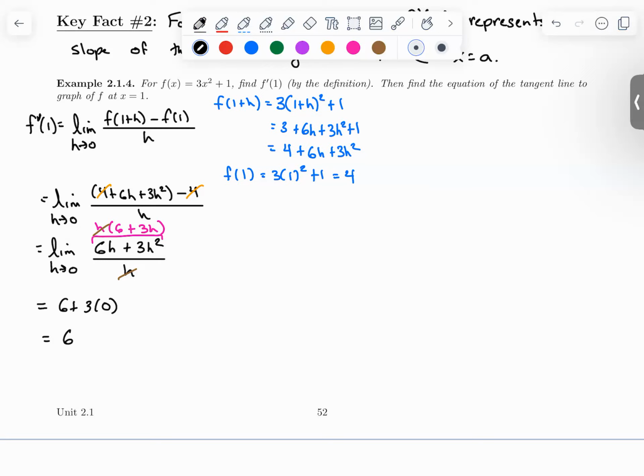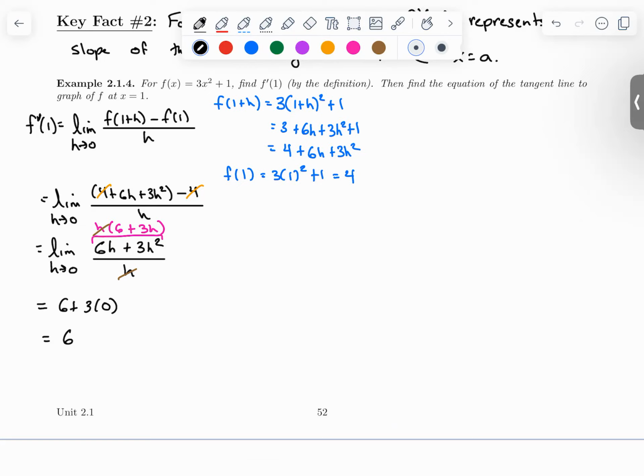Let's recap what we did and then identify why we did it. So we wanted to find the f prime of 1, so the derivative at a specific value. So we replaced all the x's in the definition with 1s. We computed those things off on the side, and then we got all the way down and we got 6.